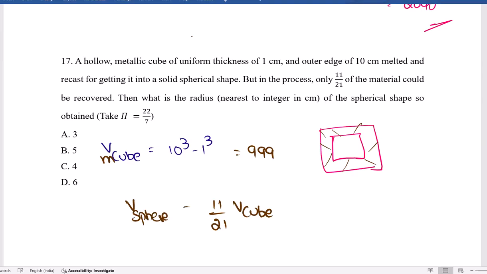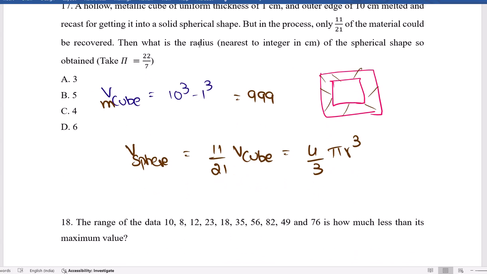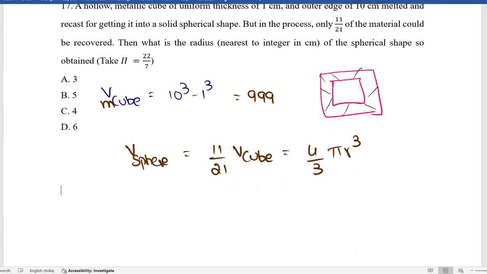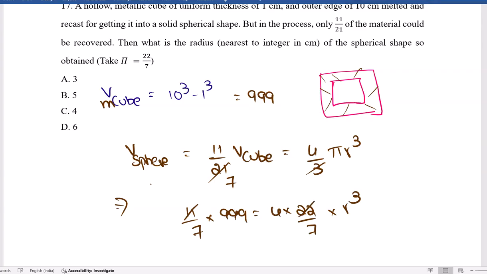A sphere is 4 by 3 pi r cube, and you need to calculate that r value. 4 by 3 into 22 by 7 into r cube equals 11 by 21 into the volume. This will get cancelled, and here it is 729. What is r?